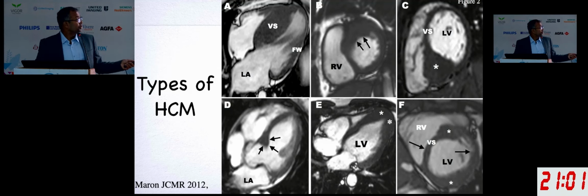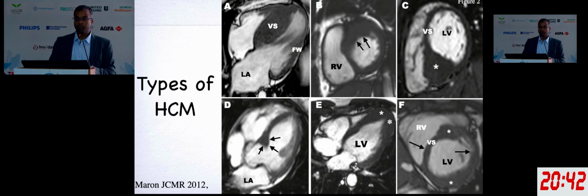In HCM, you need to look for types of HCM because you could have something which is like a mass. You could have something which is asymmetrical septal. This is the most common variety that we see. You could have focal areas of hypertrophy, or you could have apical hypertrophic cardiomyopathy.